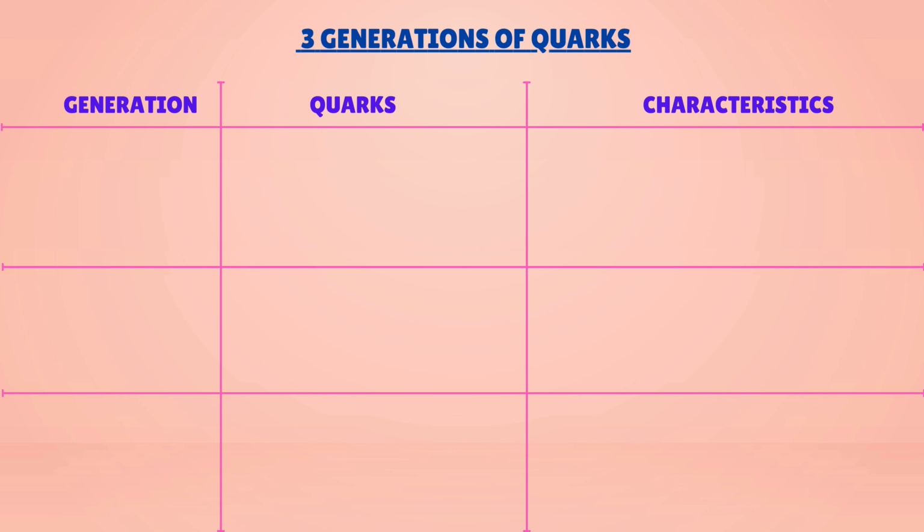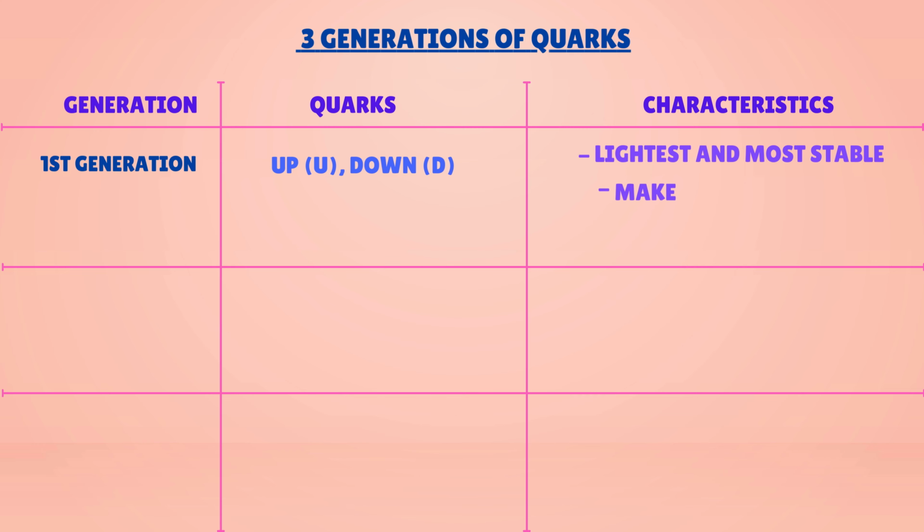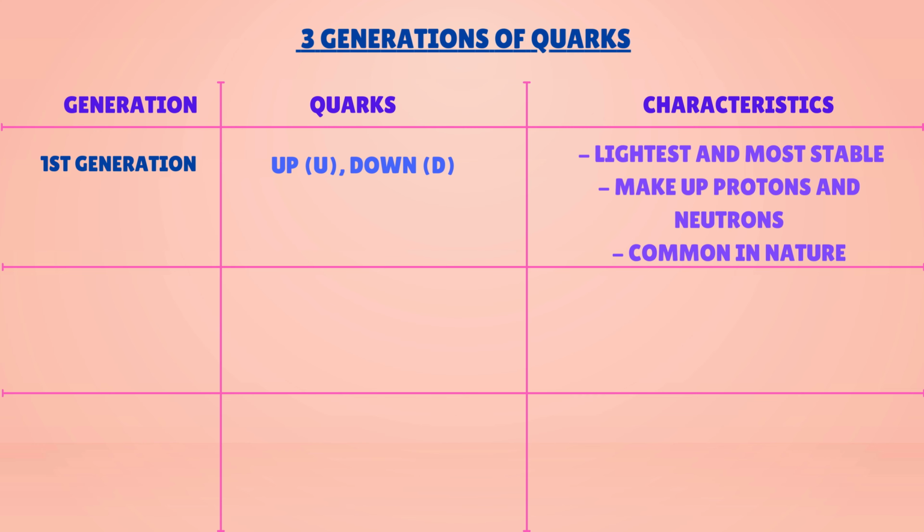There are 3 types, or generations, of quarks, and they get heavier as you go from one generation to the next. First generation, the light ones: the up and down quarks are the lightest. These are the quarks that make up protons and neutrons, the building blocks of atoms. They're the most common and stable.